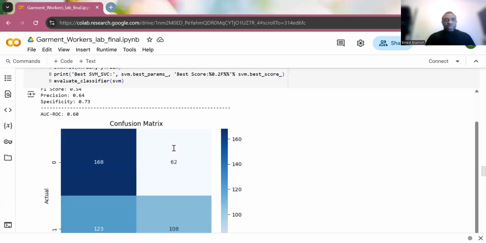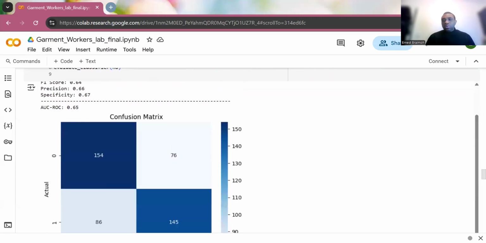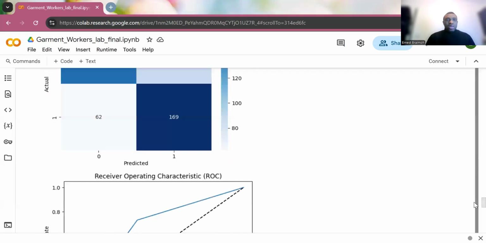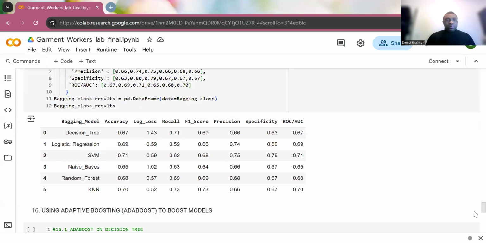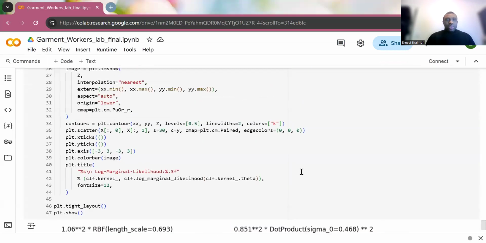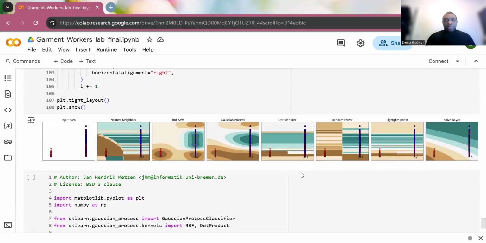Now, geometries. We have so many models, so many visualizations, it's too long. Getting to the end, yes, this is the Gaussian visualization of all the models being used and how they work.